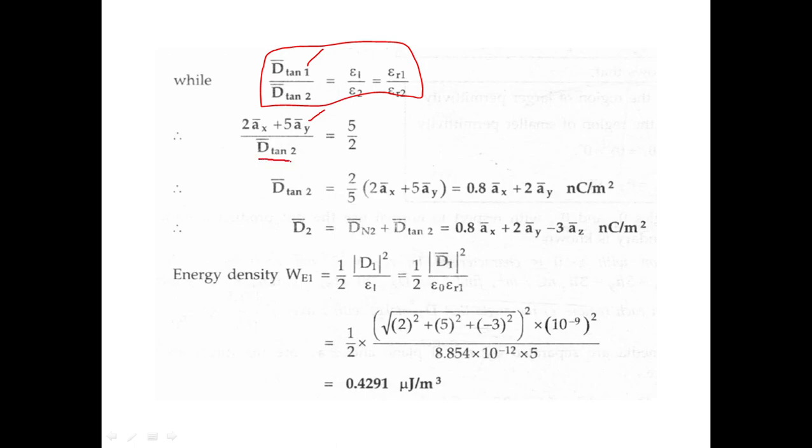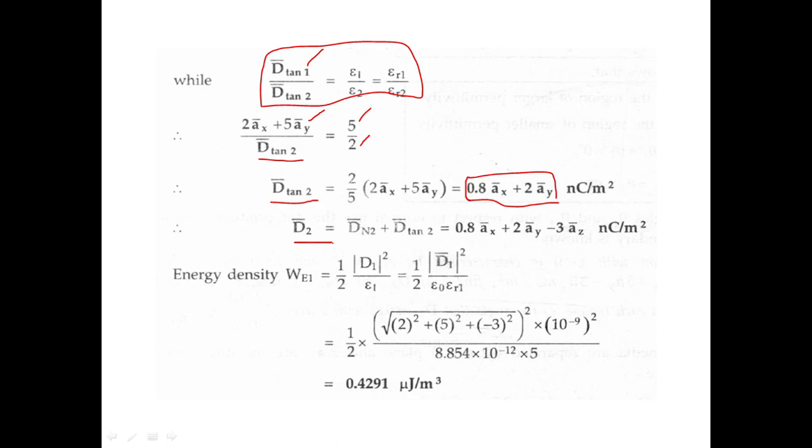Dtan2 we have to determine, and we know epsilon r1 and epsilon r2, 5 by 2. We are just substituting those numbers here. Cross multiplying, we get this equation. Dtan2 is given by 0.8ax cap plus 2ay cap nanocoulomb per meter square.